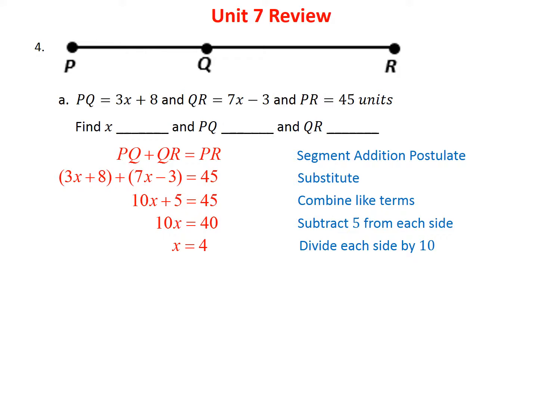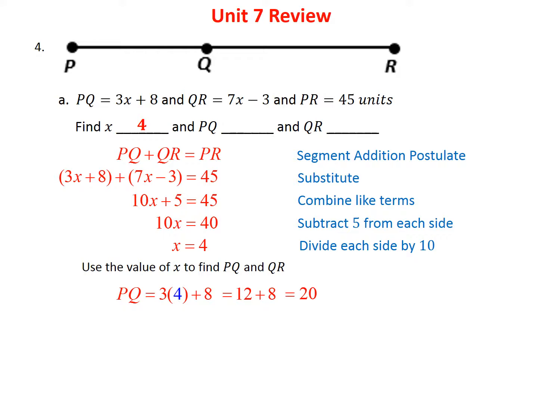Now be very careful on the test, because often in a multiple choice question they'll give you this answer, x equals 4, but we're not finding x on the test, although here we are finding x. To find PQ, we're going to put the value of x into the expressions for each segment. So PQ is 3 times 4 plus 8, that's 12 plus 8, or 20.